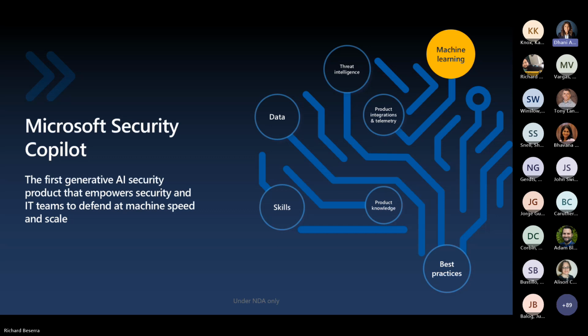I just wanted to touch on this topic because we're going to present on this more widely in an upcoming session. I think it's the third session, which will be published shortly. As you may have all heard, we also have a Copilot for Security. This is our first generative AI security product that is intended to empower your IT and your security folks to do more and to do so faster.